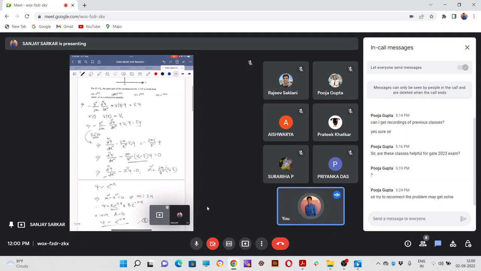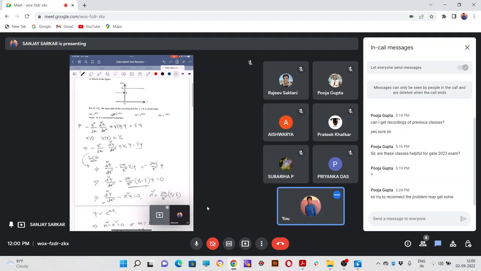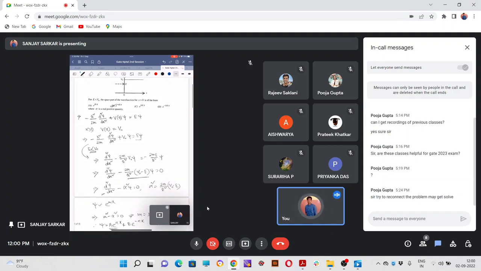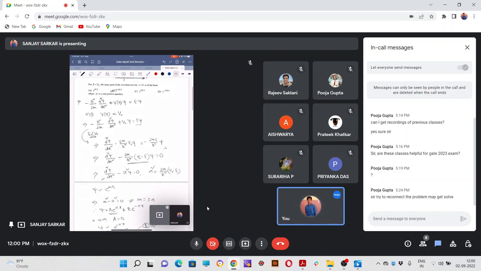So d2 psi dx2 minus 2m by h bar square V0 psi equal to minus 2mE by h bar square psi, and I'll take this part on the left hand side. Since E is less than V0, as mentioned in the question, this whole value needs to be positive. We could write it as plus 2m by h bar square (E minus V0), but in that case this will be negative.